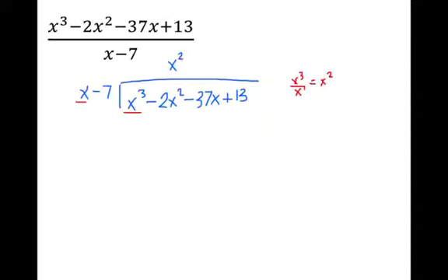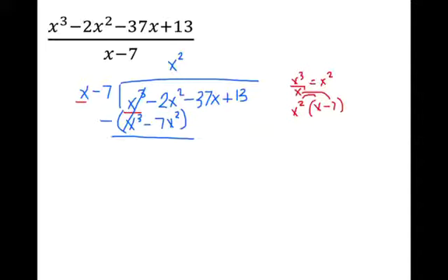Like we did with numbers, I'm going to take x squared and I am going to multiply it by x minus 7. So I go x squared times x minus 7 gives me x cubed minus 7x squared, and then I subtract. X cubed minus x cubed is just 0.